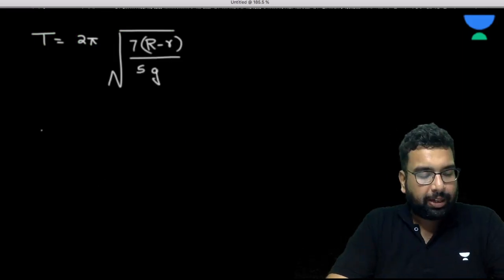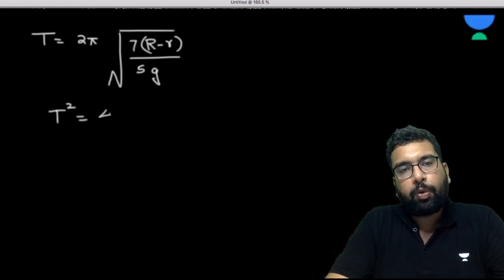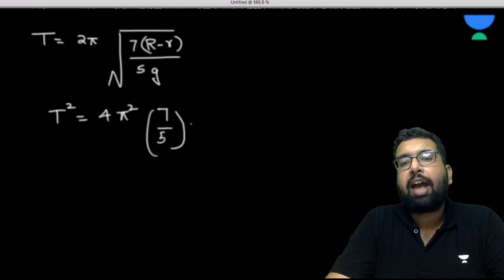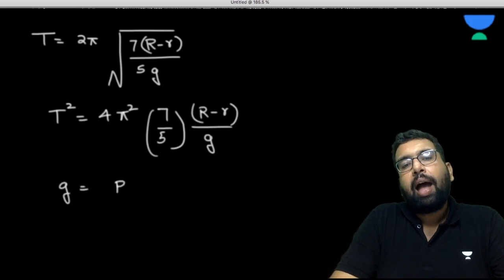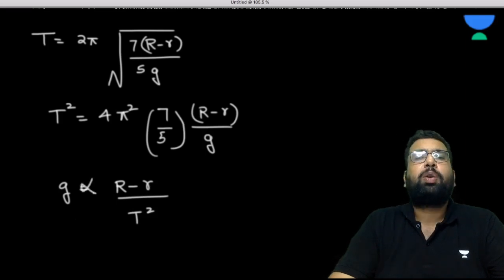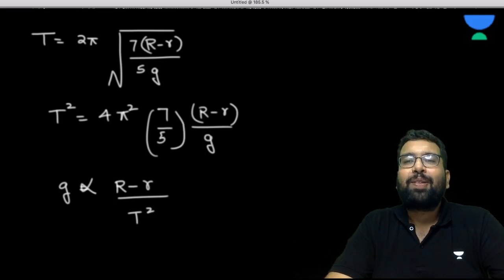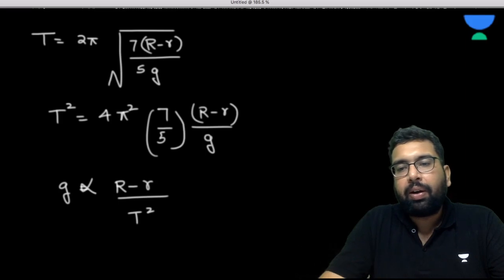So what we do, we first square this. It becomes t square equals 4 pi square times 7 by 5 times R minus r by g. These constant numbers we have nothing to do with, so g is proportional to R minus r upon t square. I don't have anything to do with this 4 pi square 7 by 5. So what can we do here?